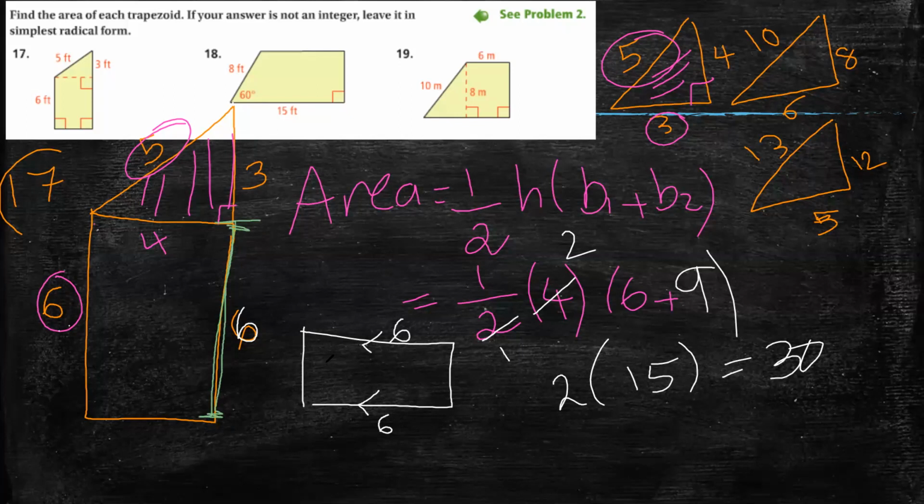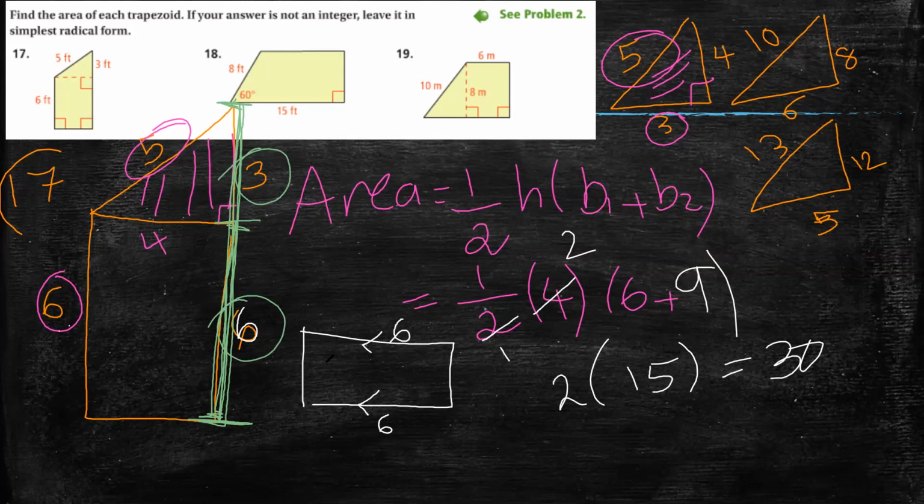But is this the base of my trapezoid? No, the base is from this side to this side. This is the base. So what will the length be? It will be 6 plus 3. Oh, okay. Thank you, teacher.